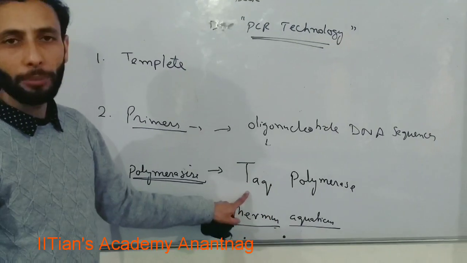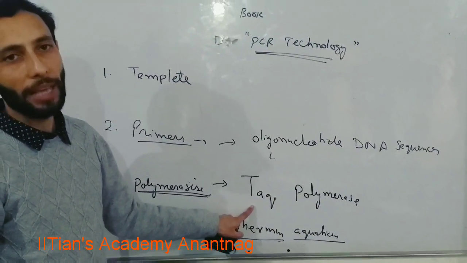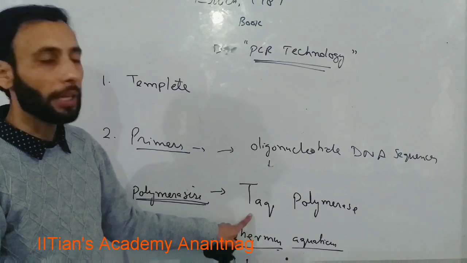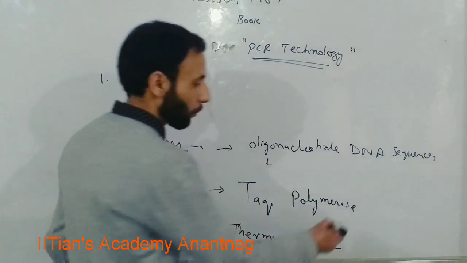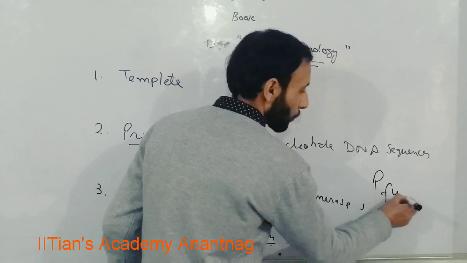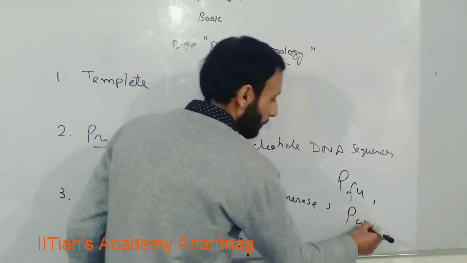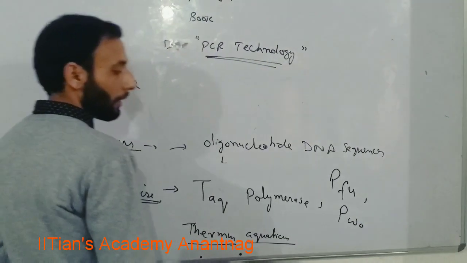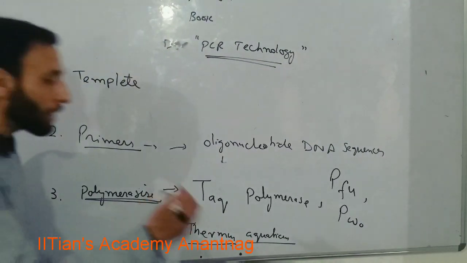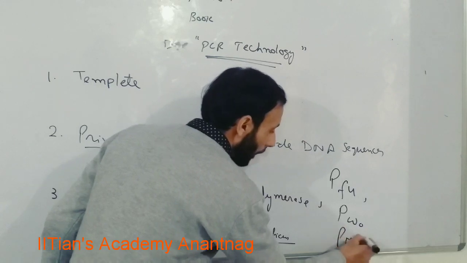Apart from Taq polymerase, there are other polymerases as well which are used in PCR. For example, there is PFU polymerase, PWO polymerase, and PTH polymerase is another such polymerase.